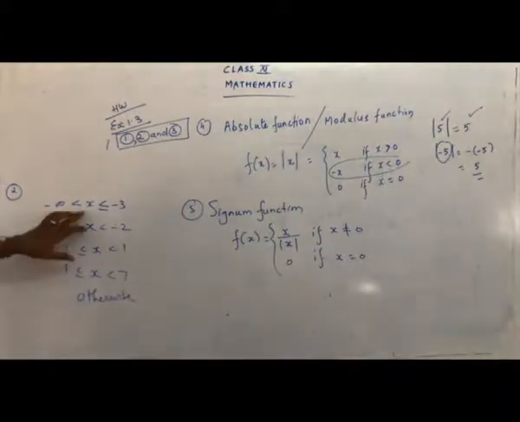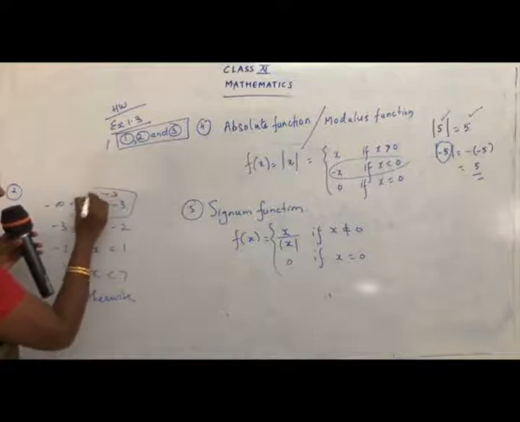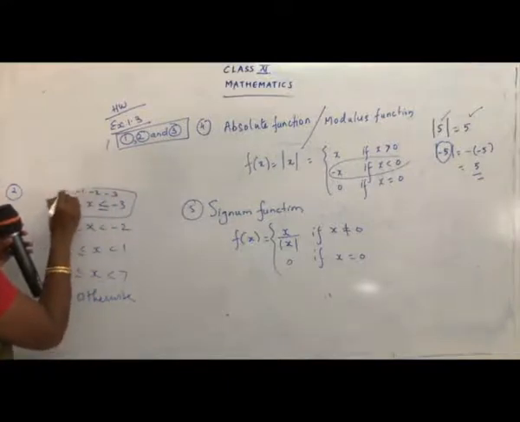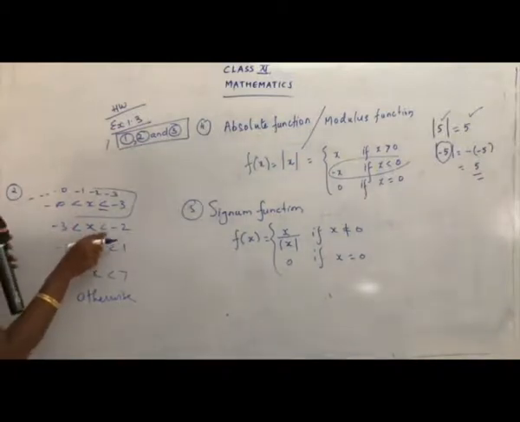Yes children, all these things you know. -infinity less than x less than or equal to -3. Less than or equal to -3 means till -3 it's included: -3, -2, -1, 0 and so on. Here -3 is not included, it's less than. Here also it is less than.